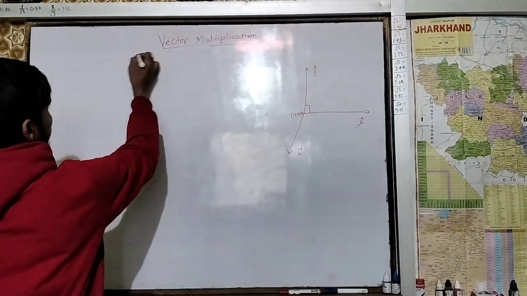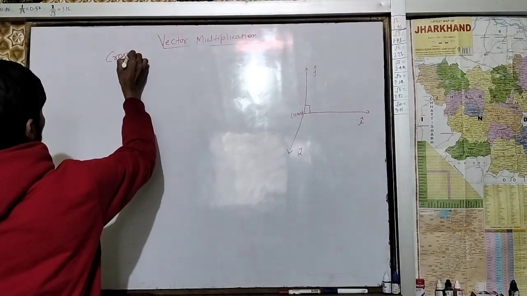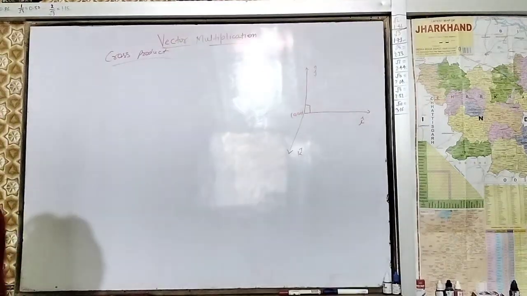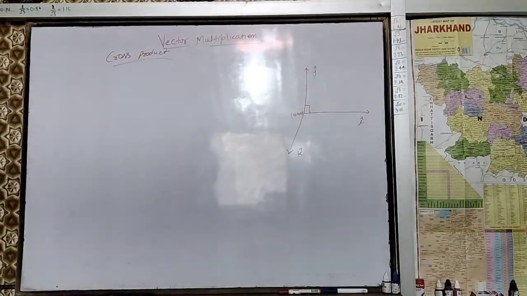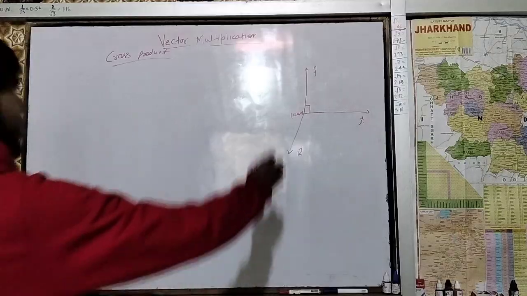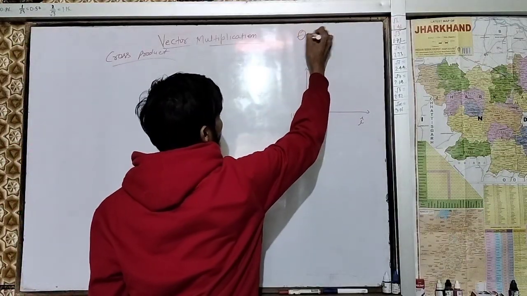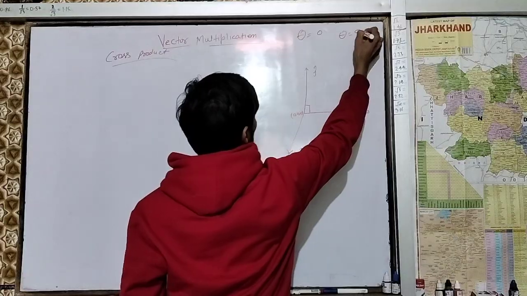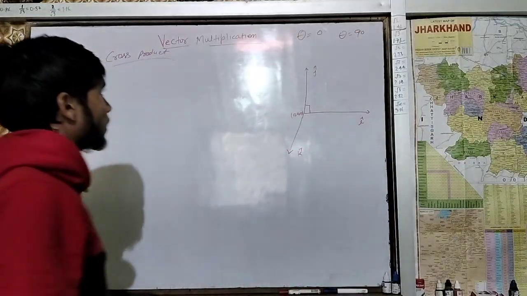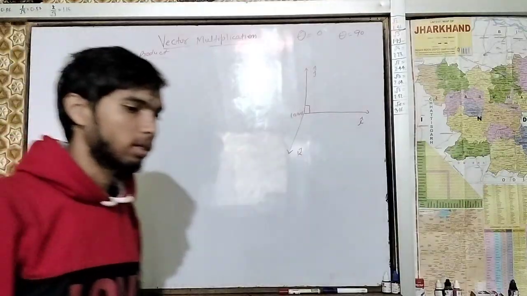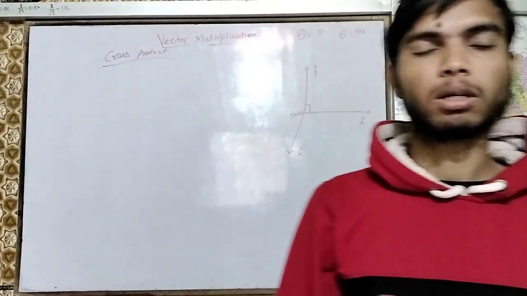Now let's explore in detail the cross product. We will take two thetas. First theta will be 0, then theta will be 90 degrees. But remember one thing I would say over here.